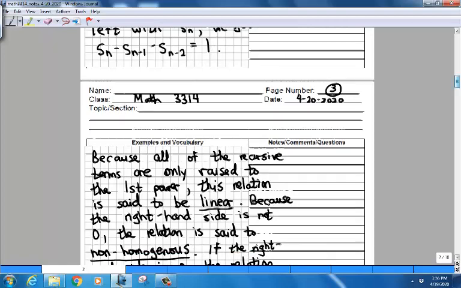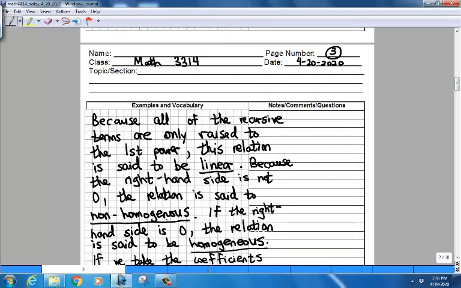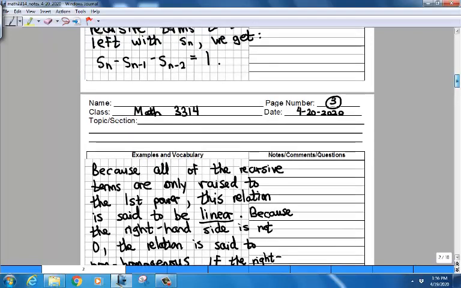Okay, there's a big term. Non-homogeneous. If the right-hand side is 0, the recurrence relation is said to be homogeneous. So non-homogeneous is not 0; 0 is homogeneous. So already we can see that that recurrence relation is linear and it's non-homogeneous because this right-hand side is not 0. If that were 0, then it would be homogeneous.